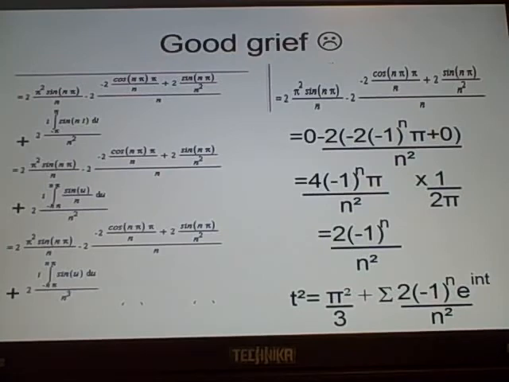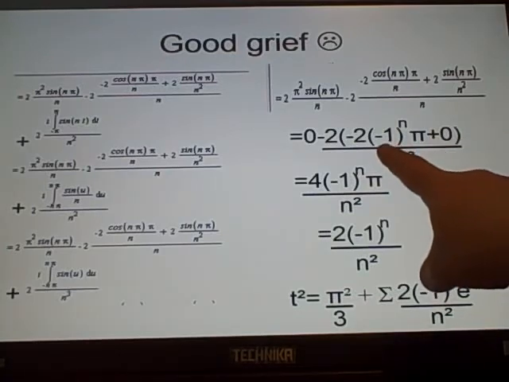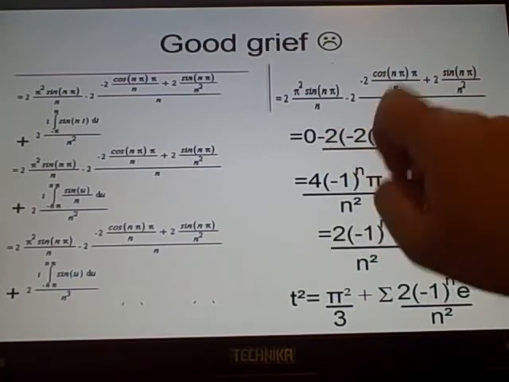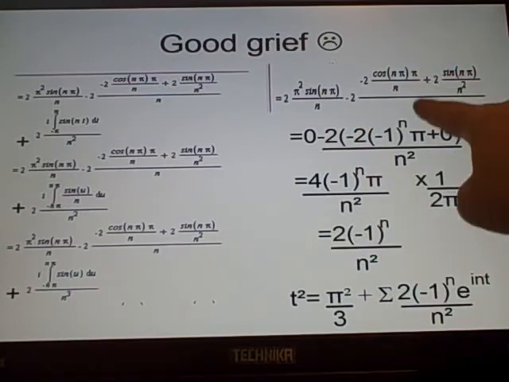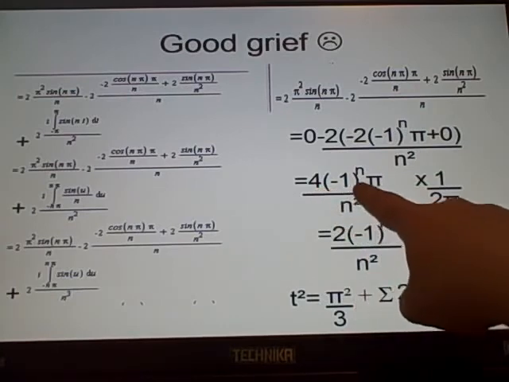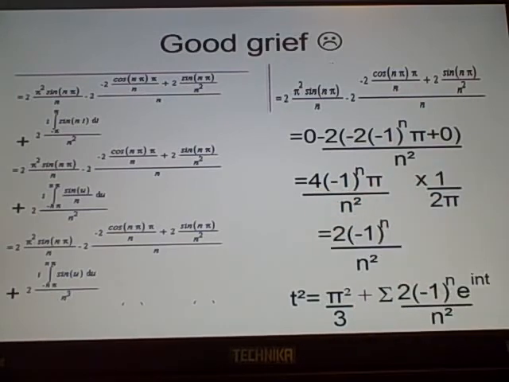So we can see it's alternating between minus 1 and 1. So we can change this to minus 1 to the n. So that's quite standard. You should learn that. It's quite useful. And then we've got our minus 2 in front of it. We've got the minus 2 over here. We can't forget our pi. And it simplifies to this: 4 times minus 1 to the n times pi over n squared.